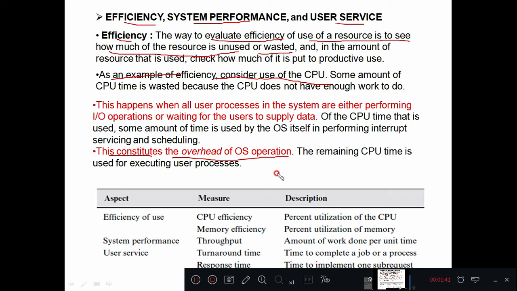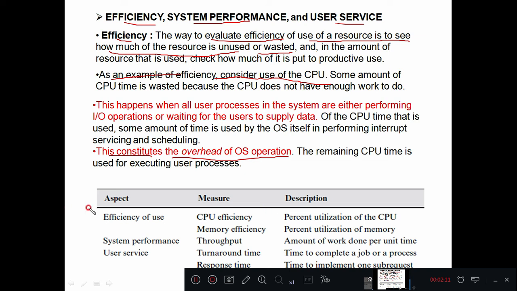So CPU time is also used by the operating system, because while booting, or when the computer system is started, the operating system will be loaded from ROM to microprocessor, because microprocessor should execute the different instructions which are stored in the operating system one by one. So for that purpose, CPU is used to run or to execute the operating system, right?